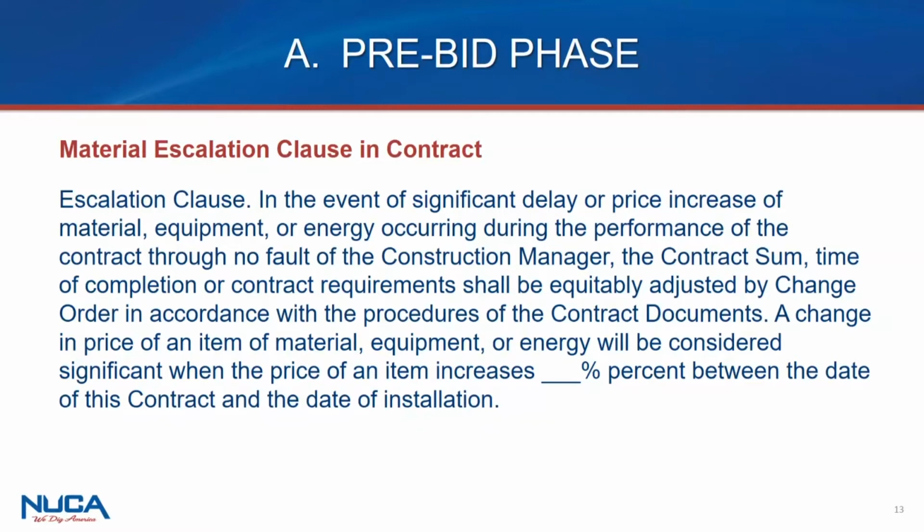And then this last sentence is an important one because no one likes to feel like they're getting taken advantage of, like there's a shell game that they don't understand and you're just trying to correct for a bid bust. It says a change in the price of an item of material, equipment, or energy will be considered significant when the price of an item increases by blank percentage between the date of the contract and the date of installation. Now, whatever that percentage is is up for negotiation.